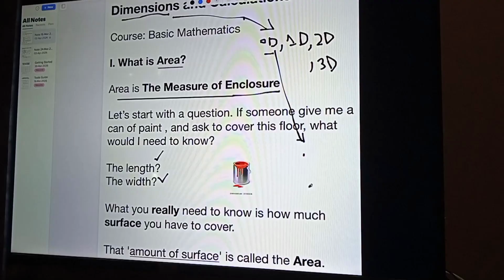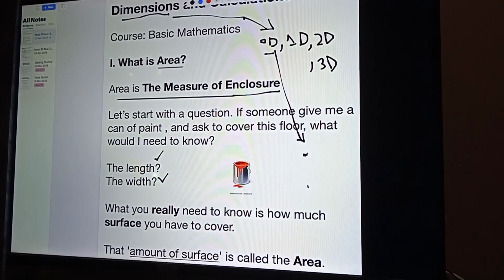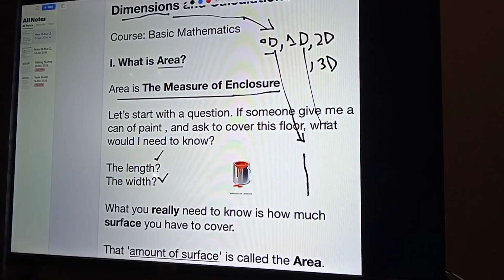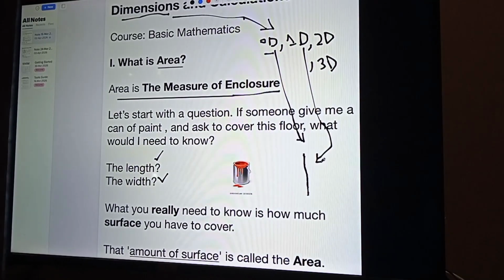Now if we connect 2 points, this point and another point, these points make a line. Now this line is the combination of 2 points, and now this becomes one dimensional. This is a straight line now.